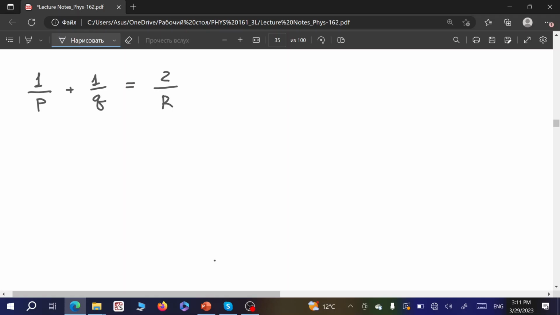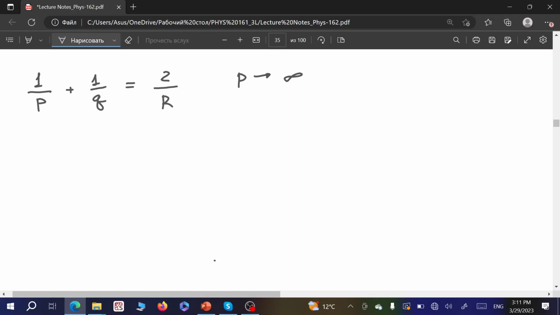Now let us consider that an object is placed at a very big distance from the mirror. In that case, P, which is defined as the distance from the object to the mirror, will approach infinity.